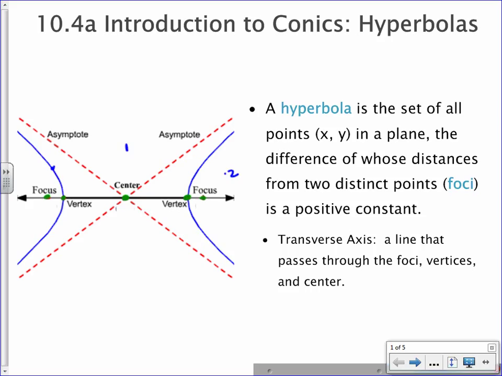In a hyperbola, the vertices and foci lie on the transverse axis, as well as the center. So when we talk about a horizontal versus vertical hyperbola, we're talking about this transverse axis. What line do all of these points lie on? The center, foci, and vertices.